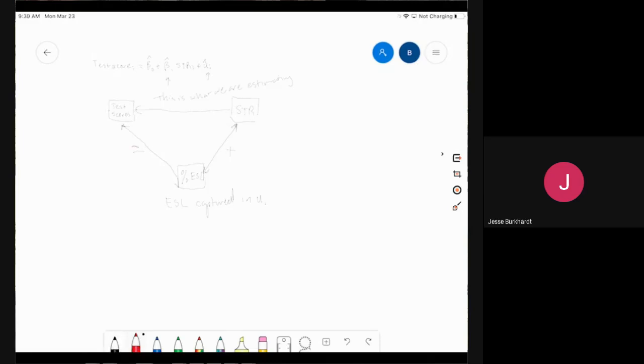All right, I get to use different colors now. Negative correlation between percent ESL and test scores, and positive correlation between student-teacher ratios and the percent of ESL students in the classroom. What is this going to lead to? Well, if we multiply a negative by a positive, that's a negative bias.